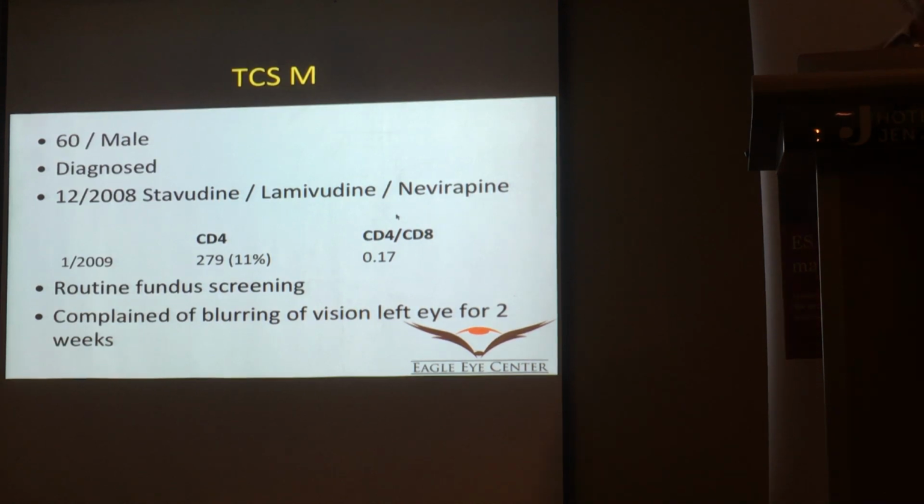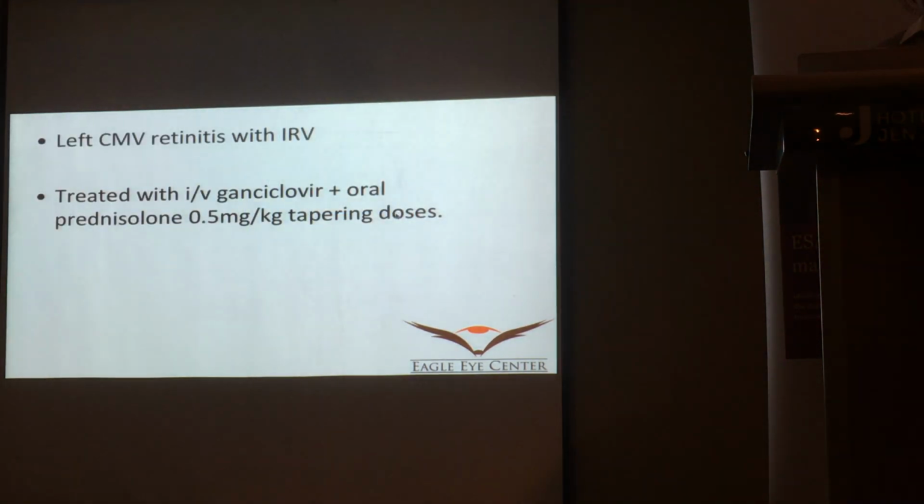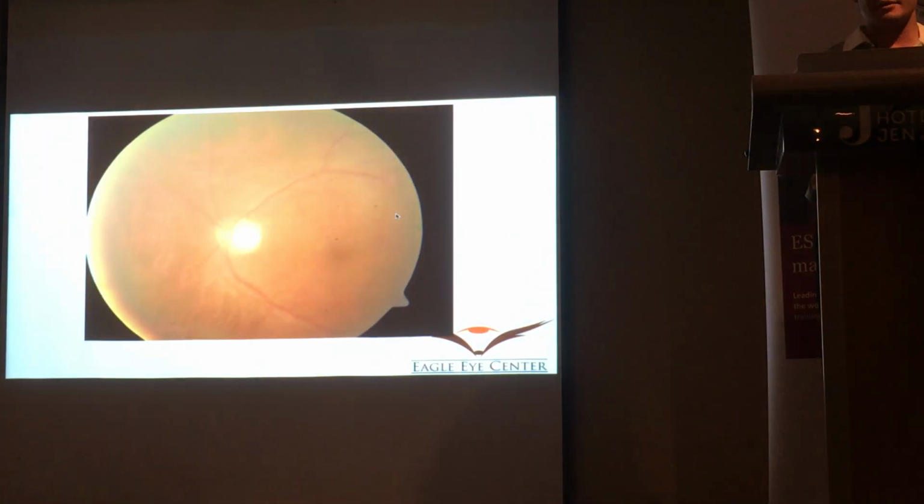CMV raging on in the eye, body reacts to it. That's immune recovery uveitis. So in this patient, he was treated immediately with intravitreal ganciclovir first, and he was given oral prednisolone as well. Like all inflammation, you need steroids, you need anti-inflammatory medication.